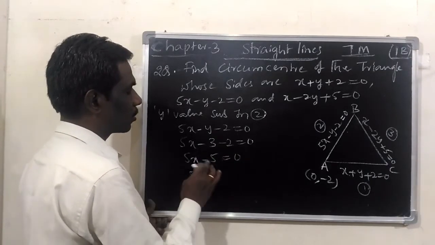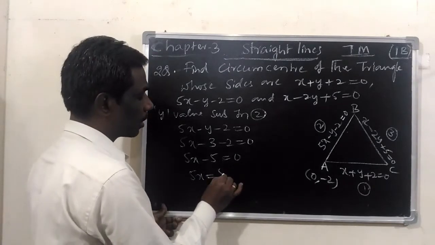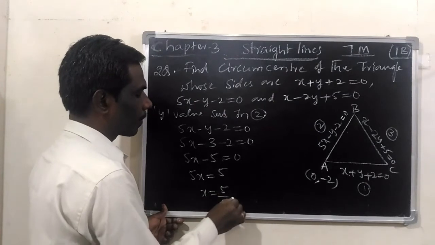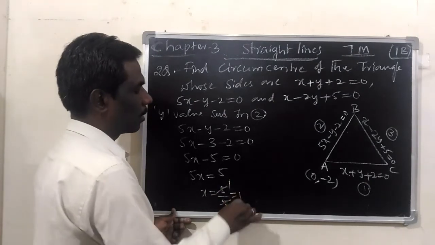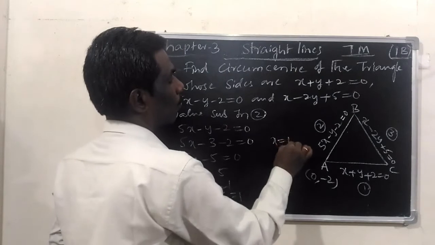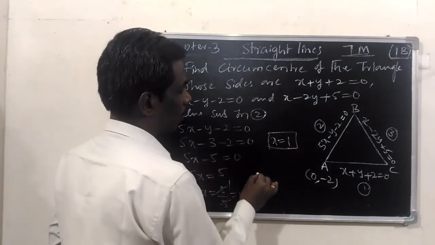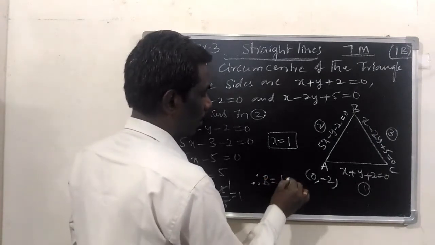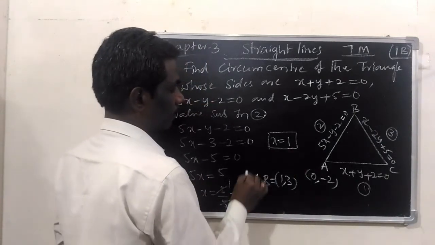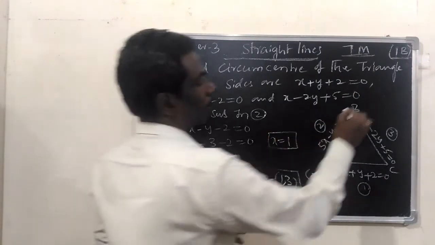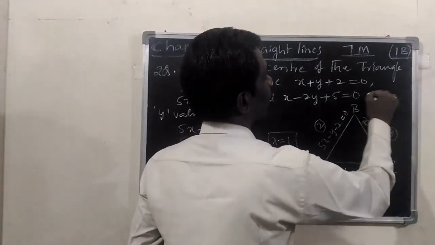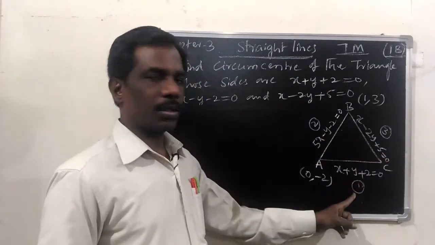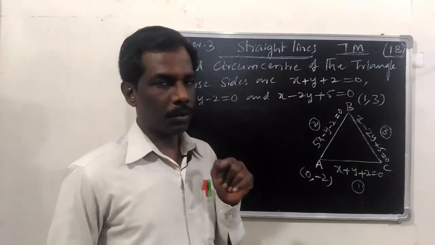So 5x is equal to 5, as this minus 5 becomes plus 5. So x is equal to 5 by 5, and 5 ones are 5. X is equal to 1. Therefore, the B vertex is 1, 3. Now, solve the third and first equations to get the C value.